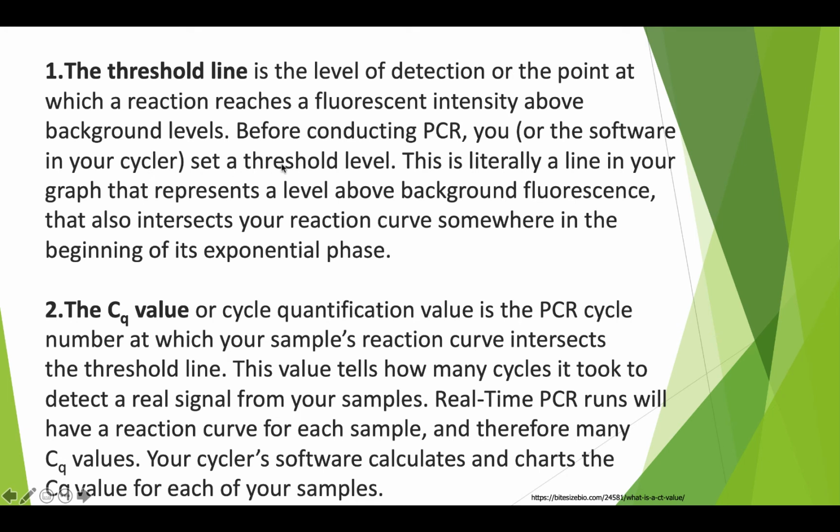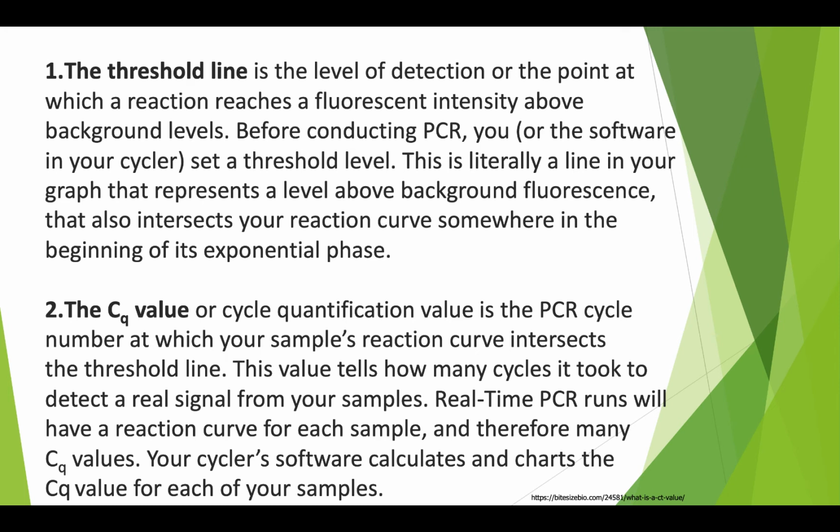What does that mean? It is the line below which whatever fluorescence you detect is just background noise. It's nothing. You already have dye. Dye might bind to template DNA that is there, you put it in. Whatever, it can cause emission. So these are background noise levels. This is not true detection levels.